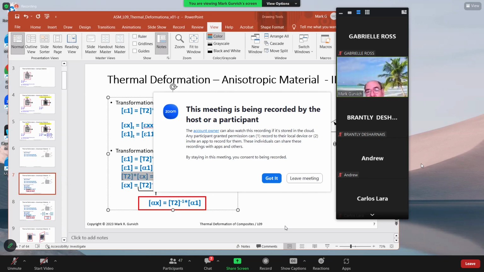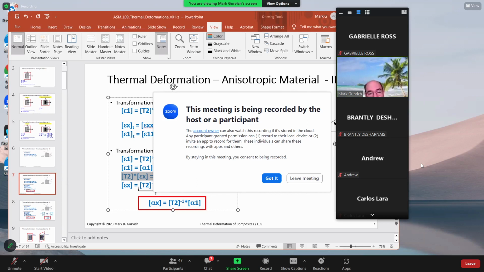Again, we substitute one into another. And eventually our interest is epsilon x. So what we need to do is remove matrix T2. So we multiply both left and right sides by inverse matrix T2. If I multiply here inverse matrix T2, inverse matrix T2 multiplied by T2 will give me the unit matrix, so I don't need to show it.